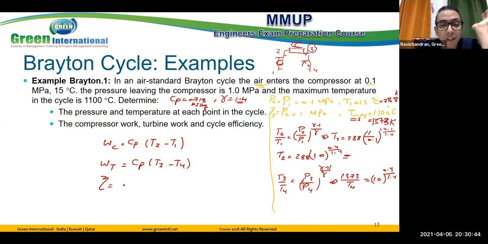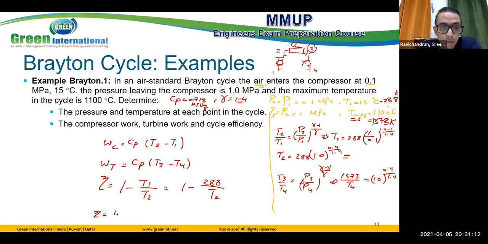Efficiency, you have different types. It is the difference between turbine work and compressor work divided by Q added, and in this case you need to calculate Q added. Or the famous one, 1 minus T1 over T2, which is equal to 1 minus 288 over T2, and T2 you get from here. That's it. But if you don't need to calculate T2 and nothing else is required, you only need efficiency, it's easy.